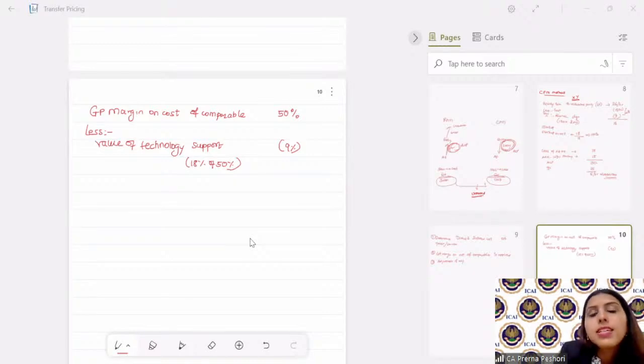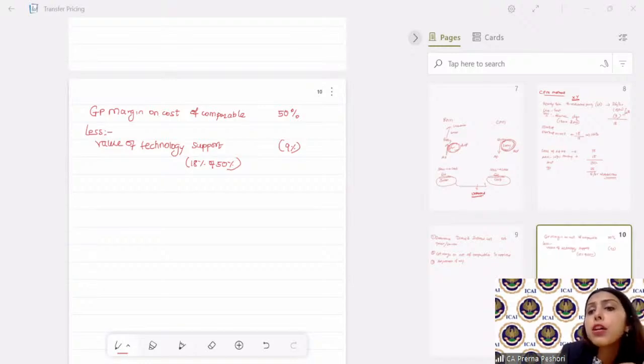Right? Second, ABC is giving business in large volumes. So therefore, LMN is offering a quantity discount, which is 10% of normal gross profit margin, which is not given to XYZ. So what will happen?